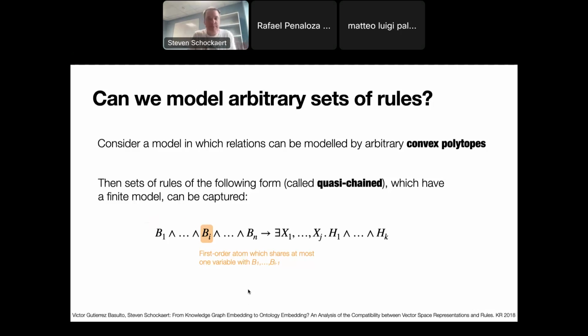So the importance, I suppose, is this. The result is a bit more general, but the importance is that we can capture an arbitrary set of composition rules, and we've also got model extensions and so on, but that's the main idea, which I think is sufficient for most cases. If you think about the kind of rules that are used for knowledge graph completion, they will usually have this kind of form.